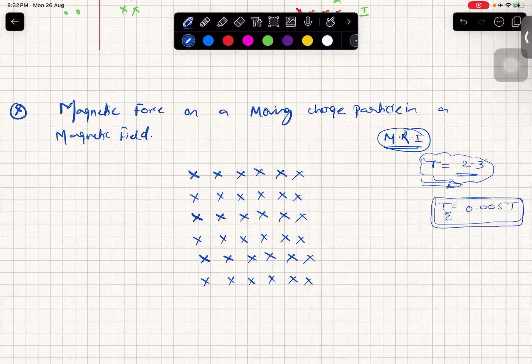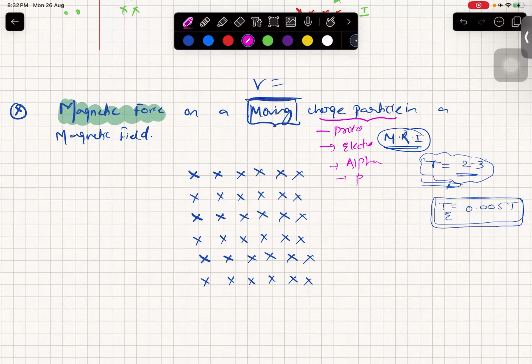I was saying that the magnetic force is experienced by a moving charged particle. It must be moving. It shouldn't be at rest. If it is at rest, the velocity will be zero and there will be no force. Which are the charged particles? That could be a proton, electron, maybe we'll study alpha as well, and then beta. Beta is the same as the electron.